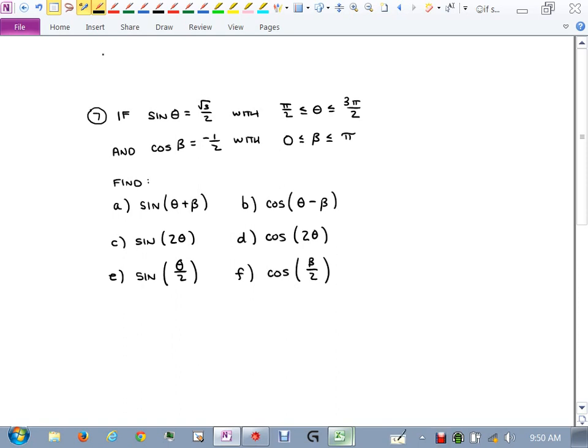If sine of theta is √3/2 with theta between pi/2 and 3pi/2, and cosine beta is equal to -1/2 with beta between 0 and pi, then find the following.